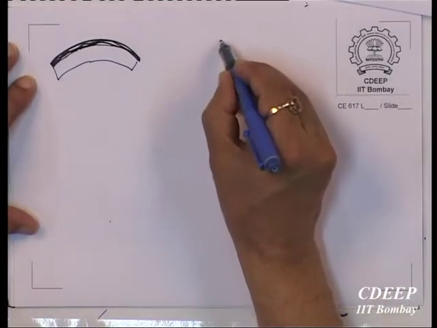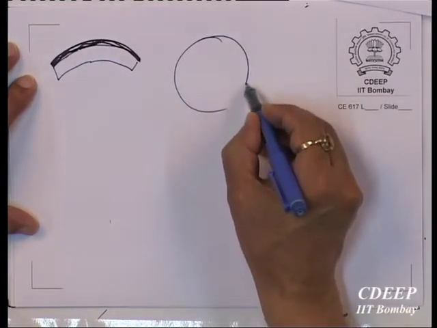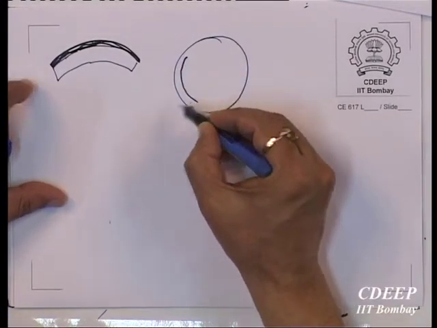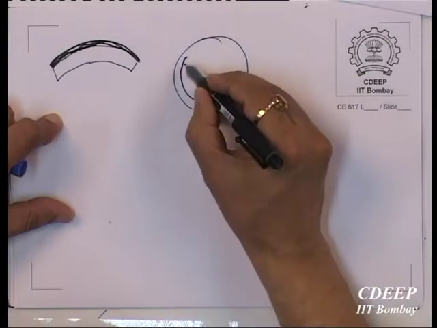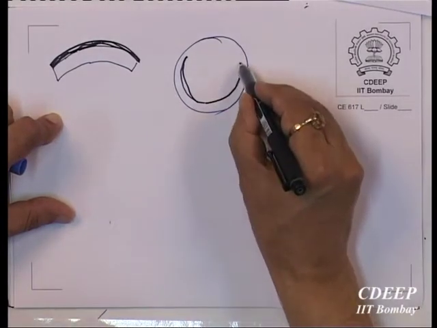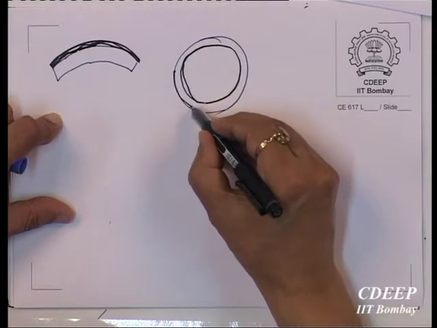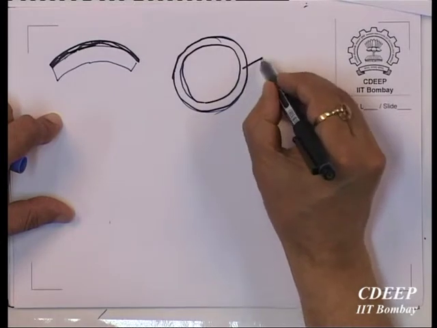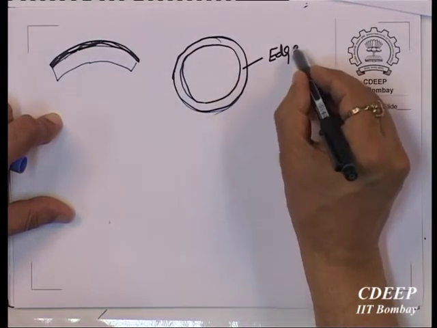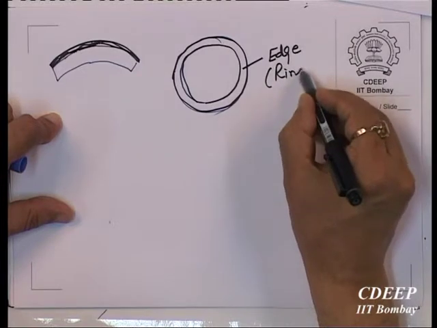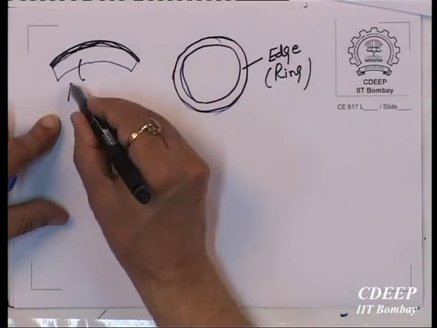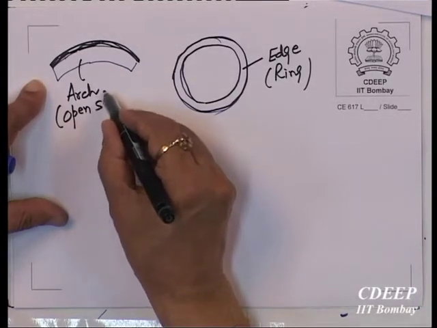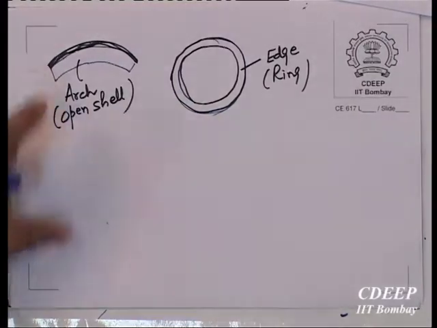If it is a complete shell, then at the edge only, I am saying, you will have a ring. This is an open shell.